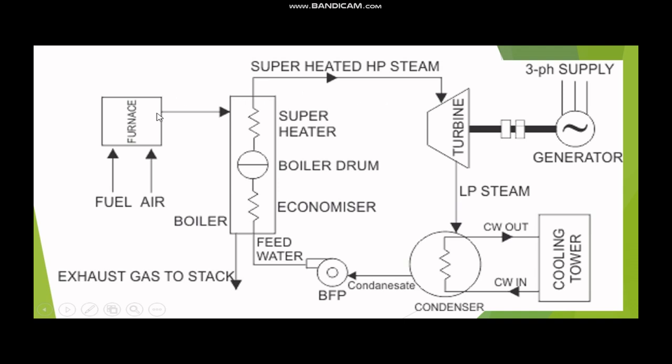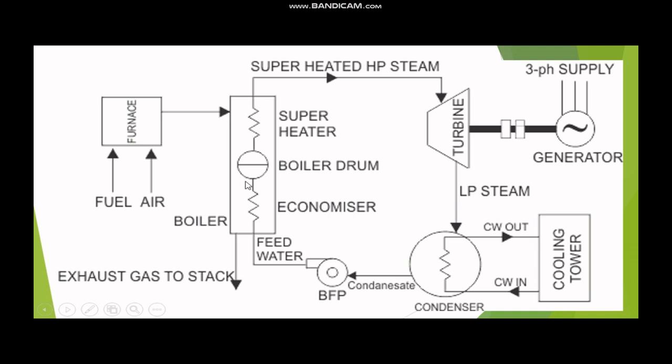Now how it works: inside the furnace there is a fuel and air mixture, which means combustion. The fuel, as I already explained, may be coal. Due to that combustion, flue gases are produced, and the water inside the boiler gets heated. As the water gets heated, after some time it produces steam.